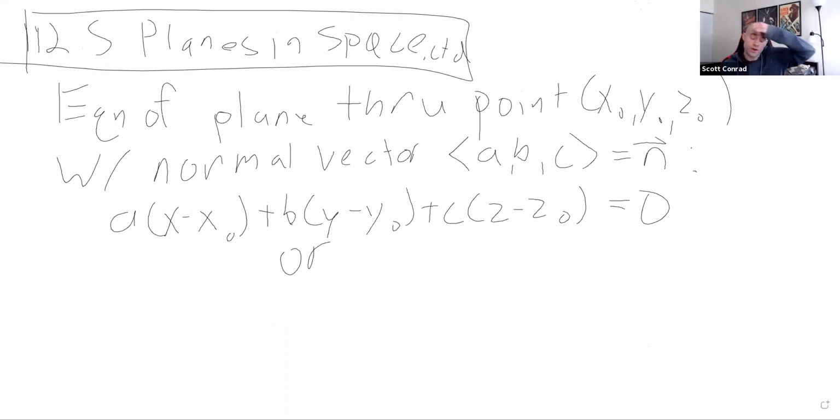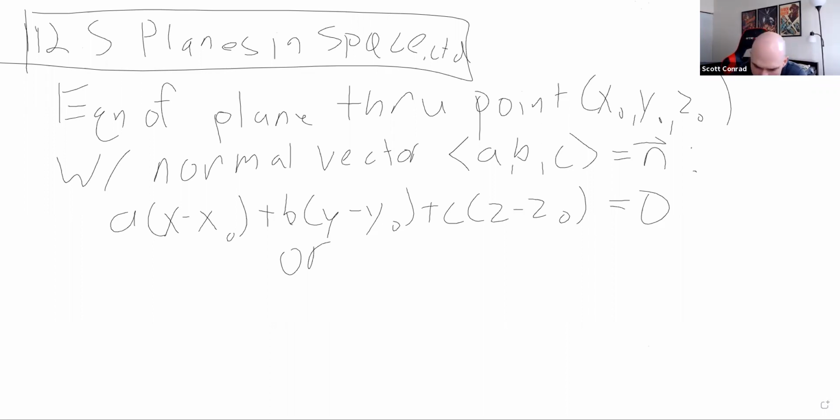So if you have the point and you have the normal vector, that's the easiest equation to do, if that is an option for you. Or you can expand it out and put the constant on the other side.